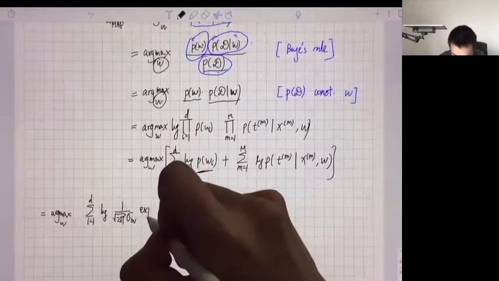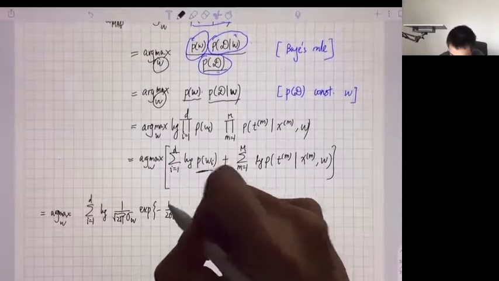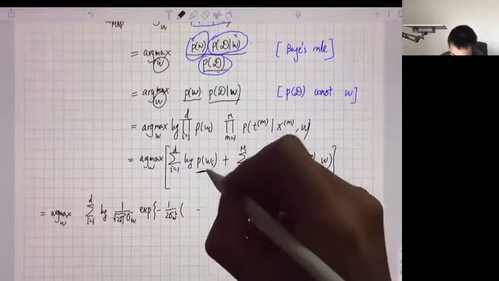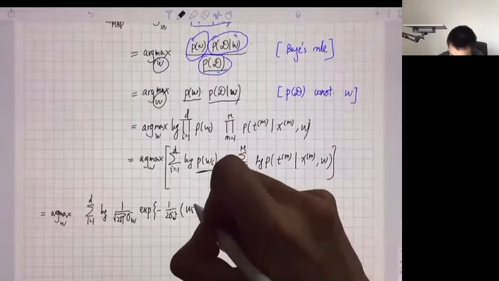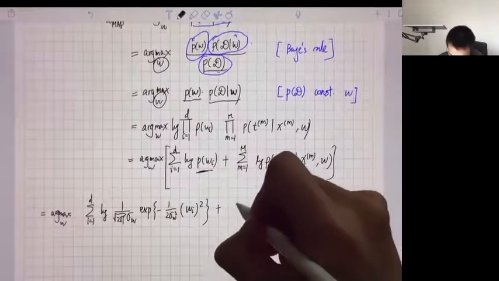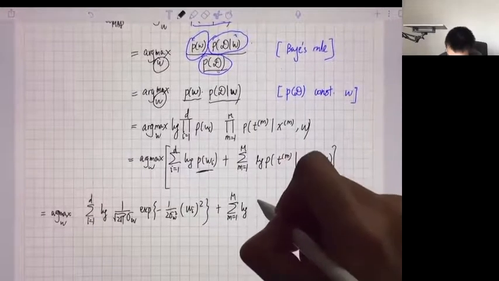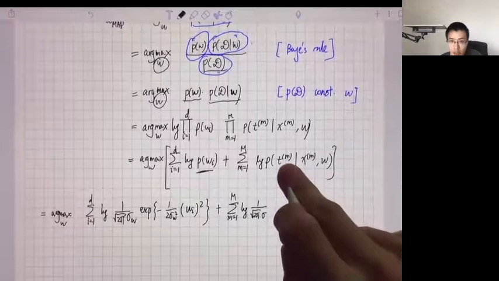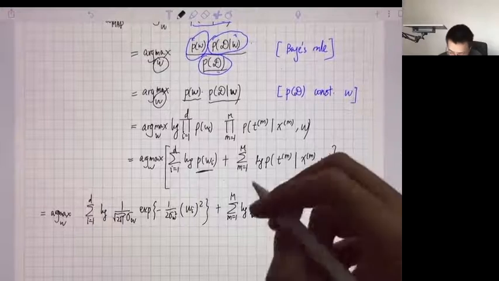So it's exp of minus 1 over 2 sigma_W squared, W_i minus the mean, which is 0, squared, plus, so this time I know the t is sampled, it's contaminated by the epsilon, and its variance is sigma epsilon, okay?